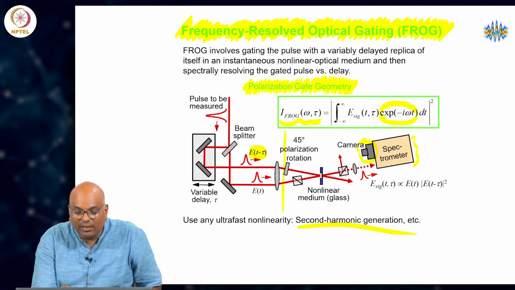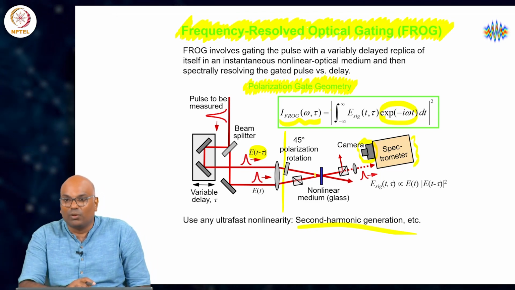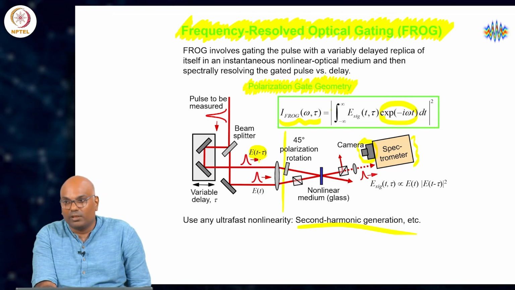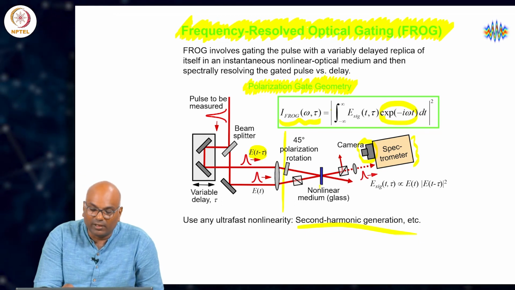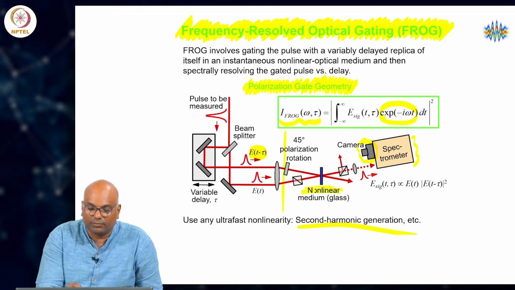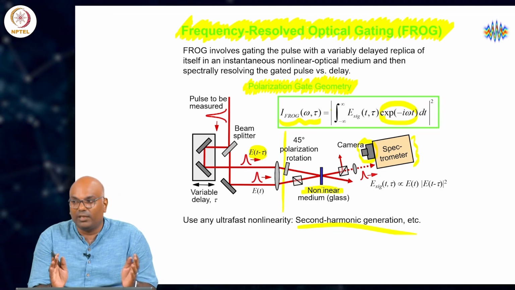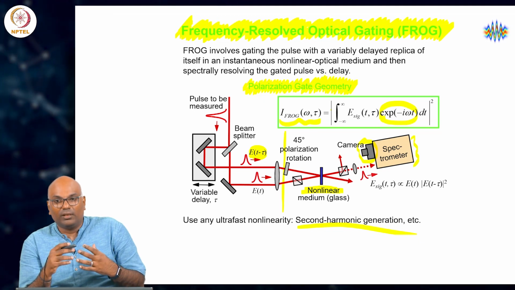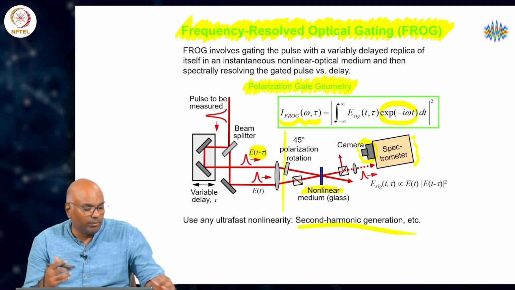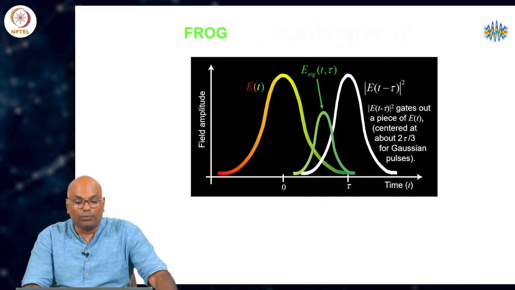But then it is interacting in a nonlinear medium, so it is not just as long as the pulse itself; the gate shrinks in its time width owing to the nonlinear interaction. The nonlinearity shrinks the gate to something smaller in width than the pulse itself, but not all too small.